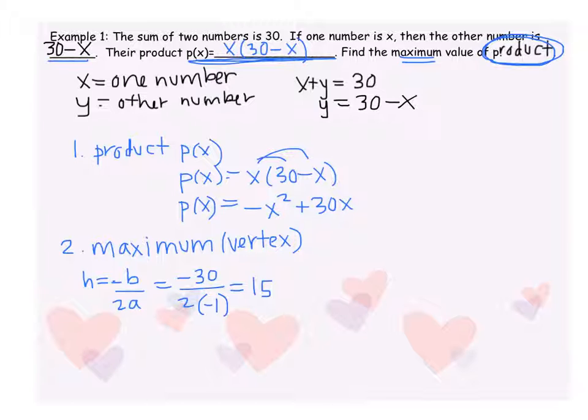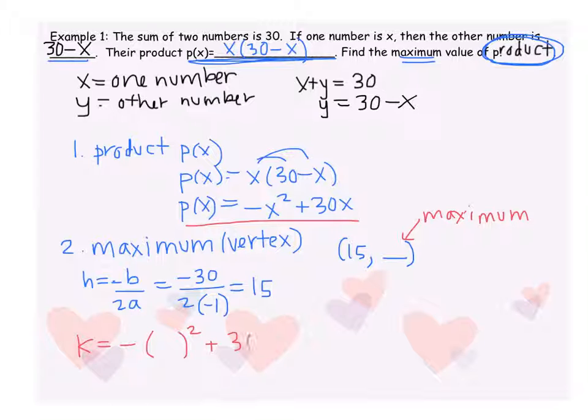So what we've done here is find the x coordinate of the vertex. We still need to find the y coordinate, because the y coordinate is that actual maximum that we're looking for. If you think about plotting that point, the y coordinate tells you how high you are on the graph, so that will be the maximum. We get that using the k. What the k says to do is go back to this equation that you wrote, and now in place of x, substitute what you just got for your h value.